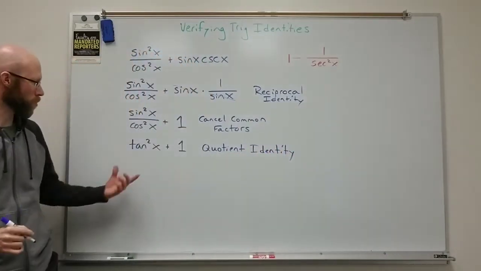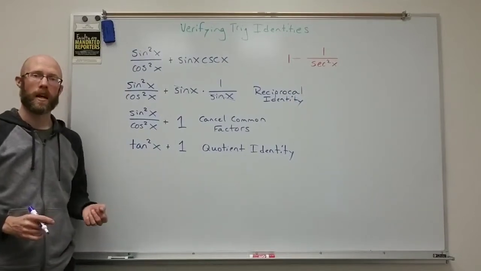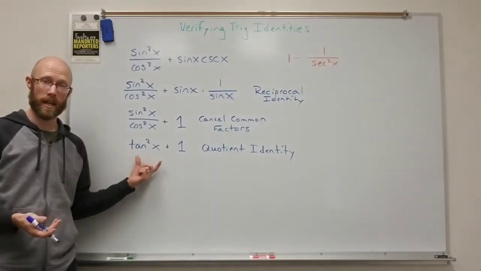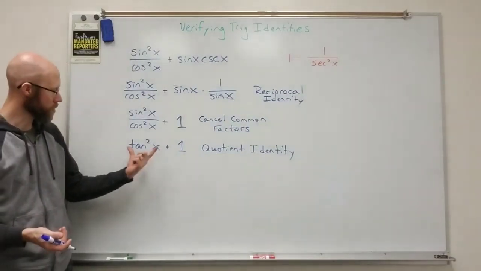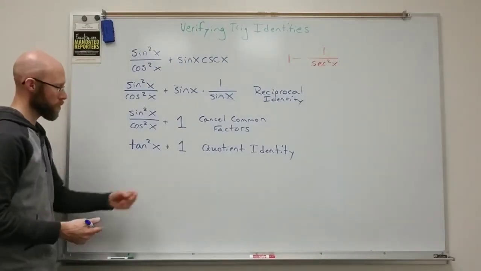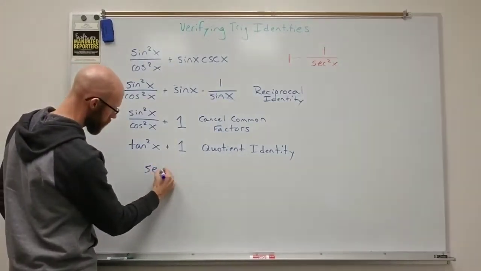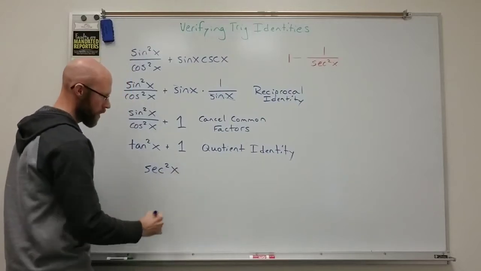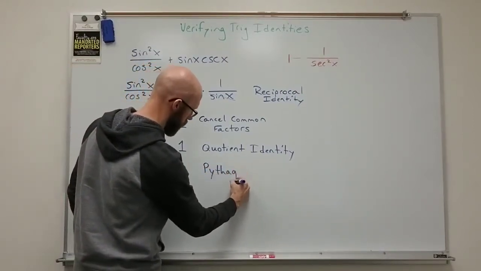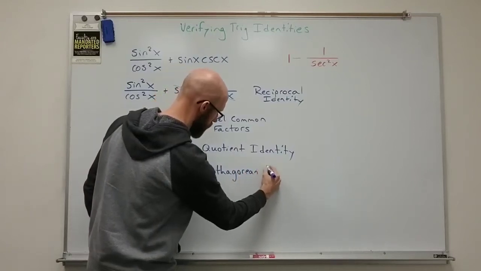Okay, so quotient identity gives us that. Now there is also a Pythagorean identity that equates the tangent squared plus 1 to the secant squared. All right, so tangent squared plus 1 is equivalent to the secant squared of x, and that's by a Pythagorean identity.